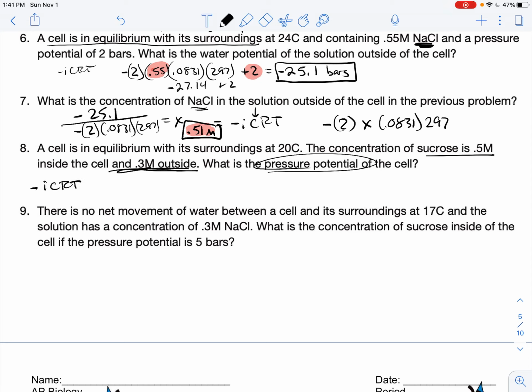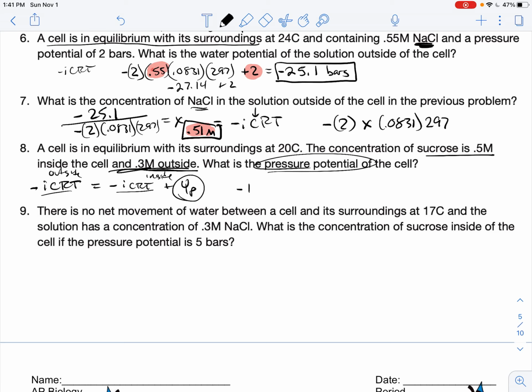The solution doesn't have a pressure potential. It's an open container. That's outside. That equals negative iCRT inside plus my pressure potential. So basically we're going to plug in this, we're going to plug in this, and figure out what the water potential is.